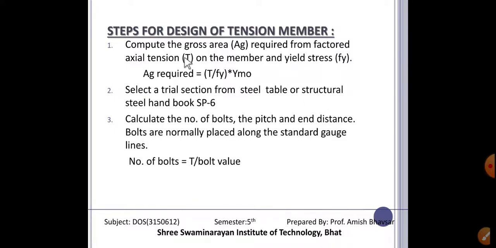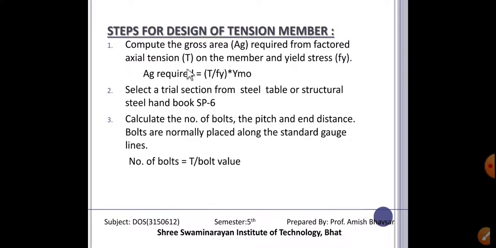First, compute the gross area, that is AG, required for the factored axial tension on the tension member and the yield stress. The equation is AG required equals T upon Fy into gamma m0. It is also given on page number 32.